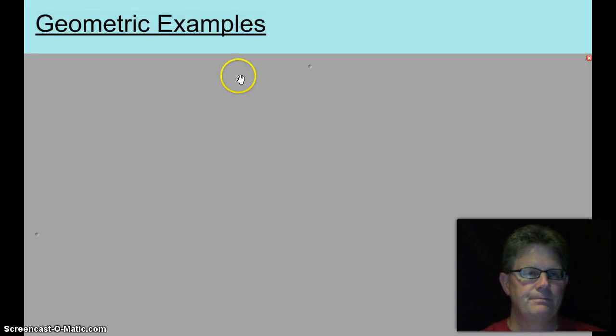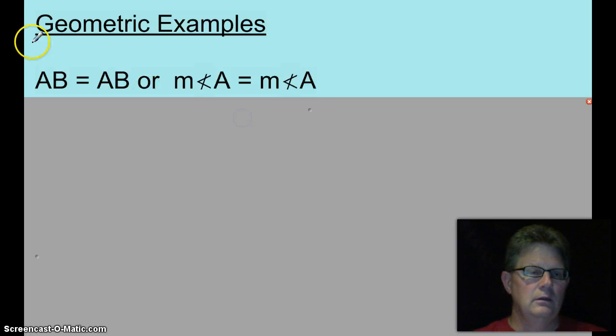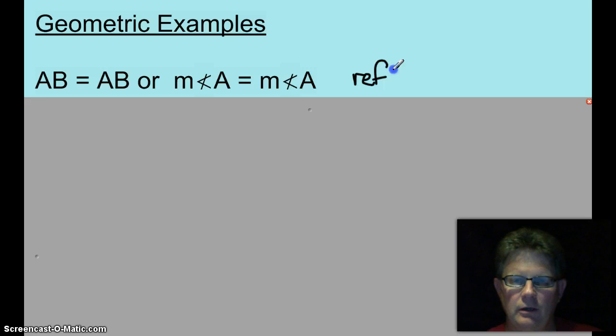Now let me show you a couple of geometric examples. Ready? Length AB equals length AB, or the measure of angle A equals the measure of angle A. That's an example of the reflexive property.